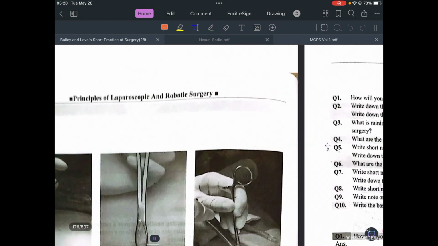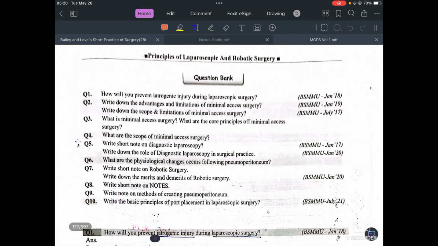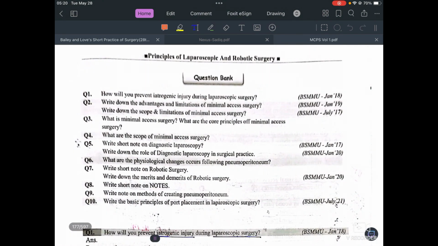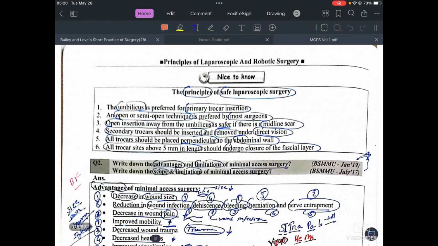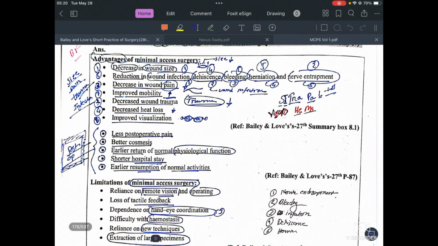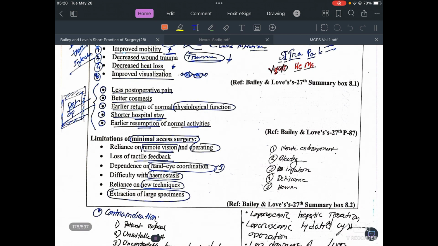At first, the advantages and limitations. The first question is the advantages of minimal access surgery as well as the limitations of minimal access surgery. Here in my MCPS, it is on limitations.